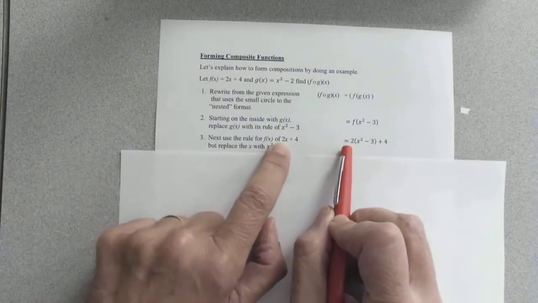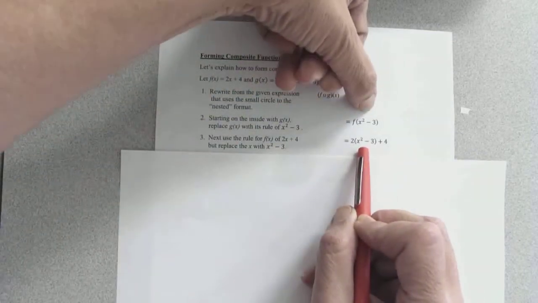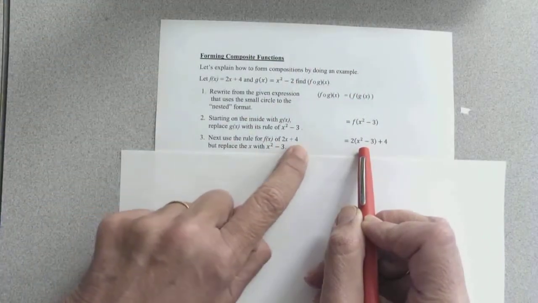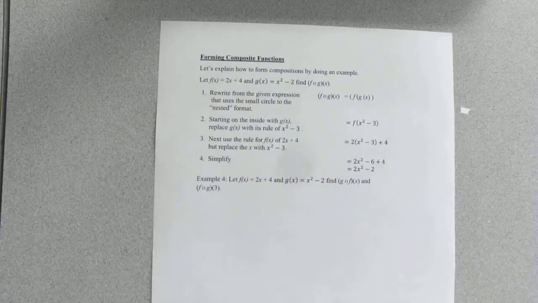So the rule is 2. I keep the 2. But I get to the x, I replace the x with whatever's in parentheses, in this case x squared minus 3, and then I keep the 4, plus 4. And then you simplify, and there's my composition. And this will be the end of this video.